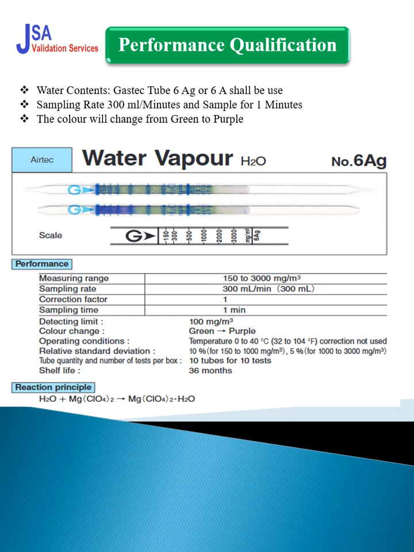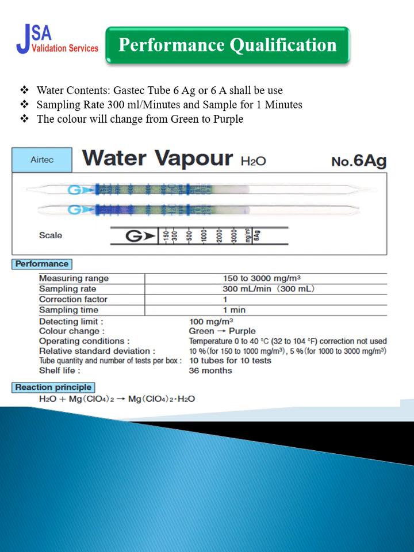Okay, specifically for the refrigerant dryer, which can give a dew point of plus 3, not more than plus 3, in that case we can use this type of water Gastec tube. The sampling rate is 300 ml per minute for 1 minute. The color change in this is green to purple, so you can directly read the reading on the scale. Up to where the color has changed in 1 minute will be your moisture content.